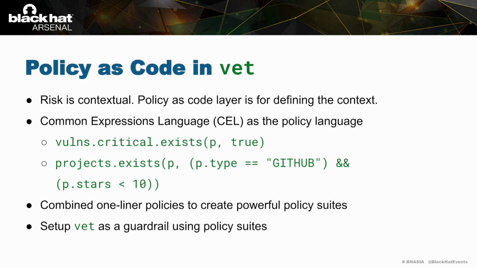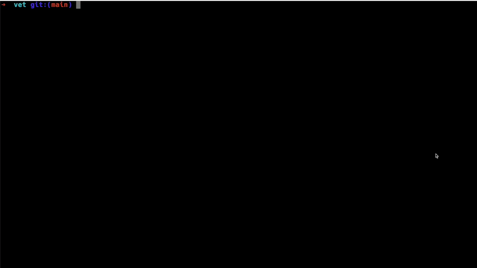So this is how filters or policies are written in VET. Filters can be combined into a single filter suite as well, which in turn is used as guardrails in CI/CD. So we will see how to do that as part of the demo. In this demo, we are going to look at filter suites, a feature in VET where we can combine multiple one-liner filters into a group of filters with additional metadata like name, severity, etc., to create a filter suite.